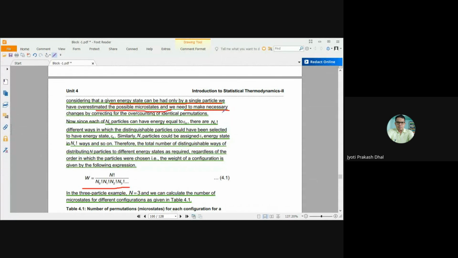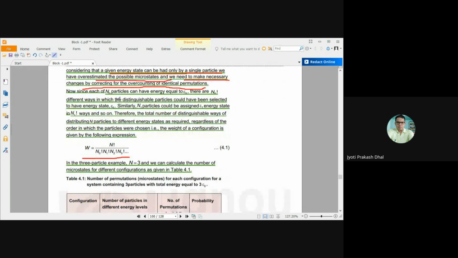We need to make a correction for the overcounting of identical permutations. Since N0 particles can have the energy epsilon 0, there are N0 factorial different ways in which the distinguishable particles could have been selected to have the energy state epsilon 0.